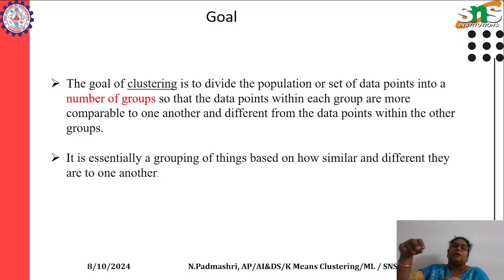Maybe the similarity will be based on patterns, variations, etc. So this algorithm will make different clusters. It is essentially grouping things based on how the data are similar and how they are different from other clusters. This is the main goal, or main job, of the K-means clustering algorithm.